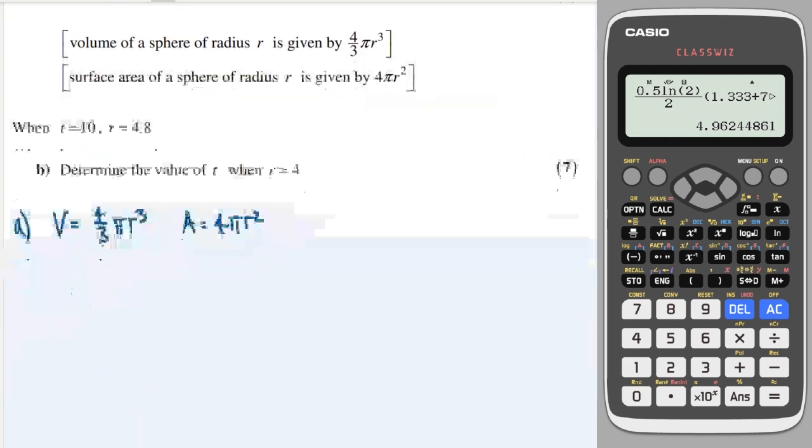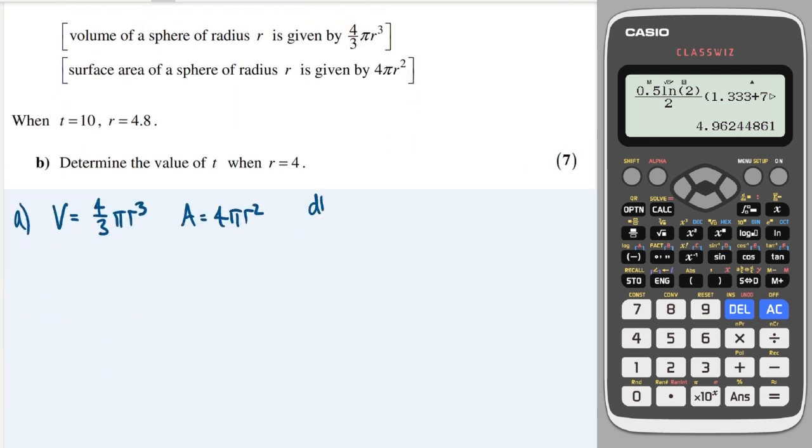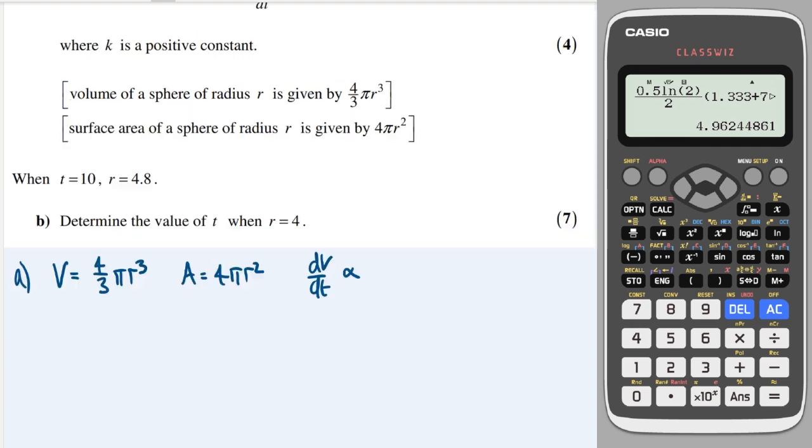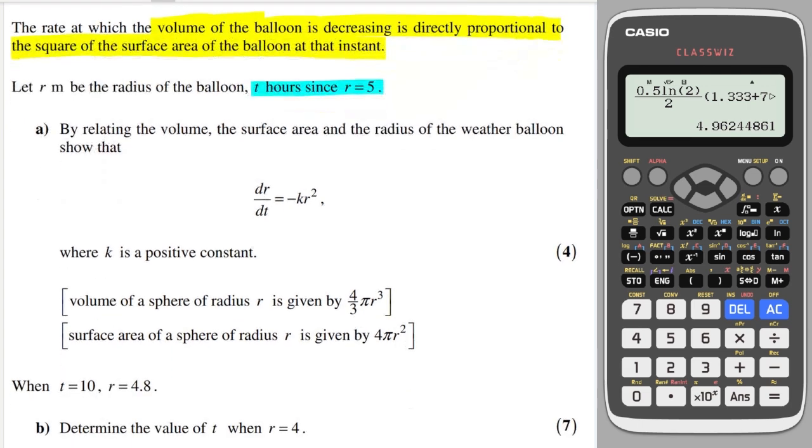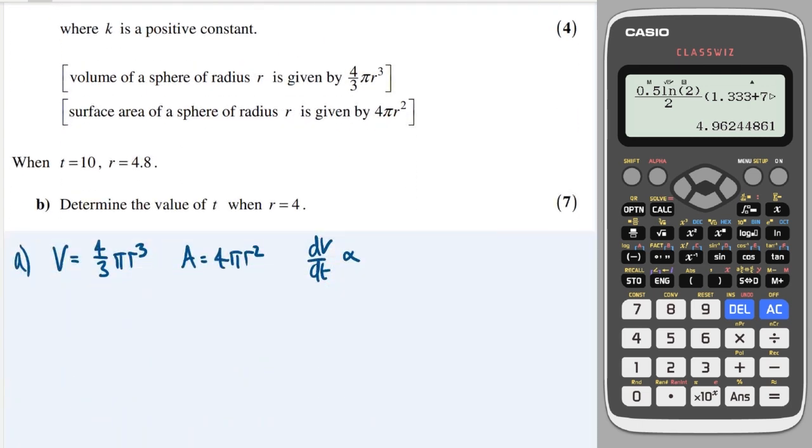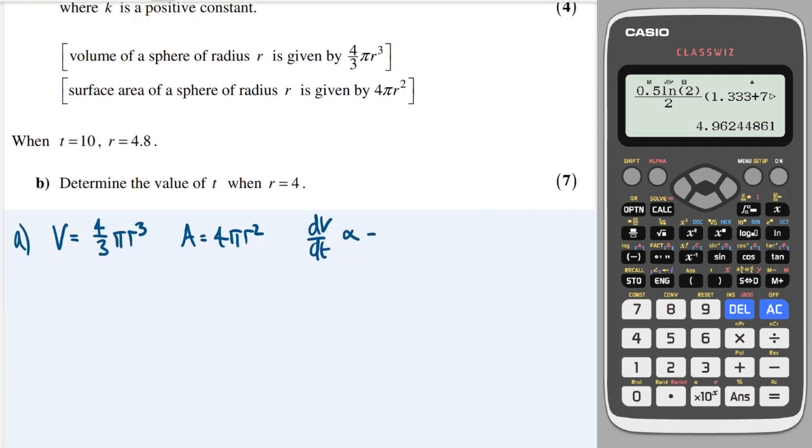So what that means is that dV by dt is decreasing and directly proportional to the square of the surface area. So minus the square of the area. So I can write that dV by dt is equal to some constant k multiplied by the area squared.